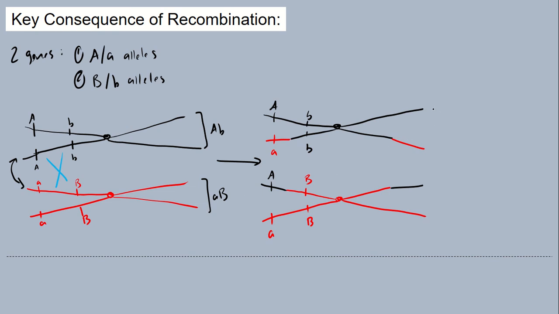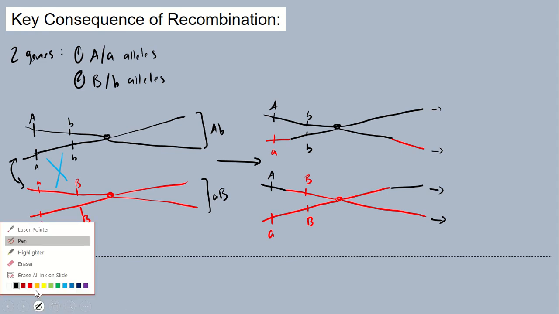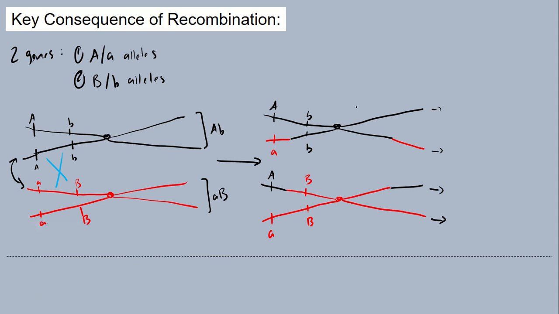But things get a little different when we look at the genotypes encoded on each of these different chromatids. The top one is still uppercase A, lowercase b, and this bottom one is still lowercase a, uppercase B. Those are identical to the genotypes we started with, and we'll call these the parental genotypes.